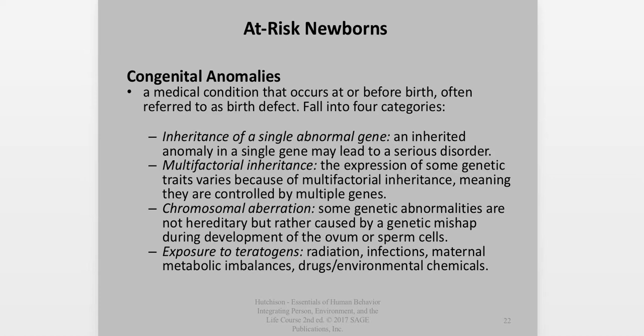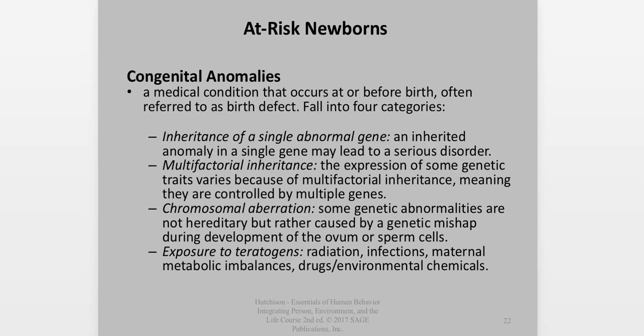Also, congenital abnormalities or anomalies contribute to problems related to neonates. A congenital anomaly is any medical condition that occurs at or before birth. Sometimes we call them birth defects, and there are 4 general categories for them.